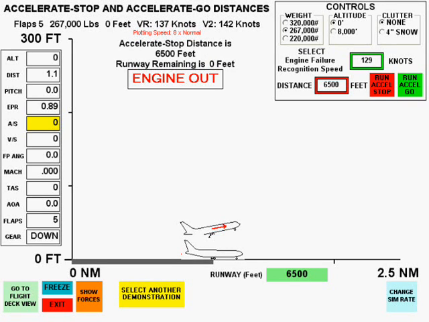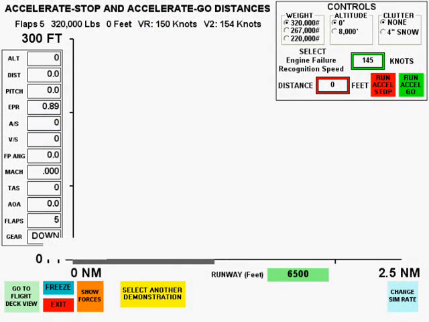Since both distances are essentially equal, the balanced field length V1 for these conditions is 129 knots. Until we look at the effect of longer runways, V1 means the value that produces equal stop and go distances. In other words, the balanced field length value.